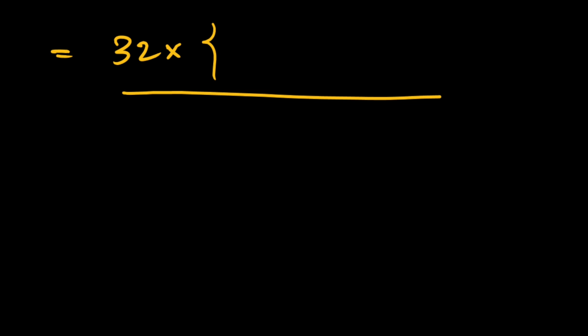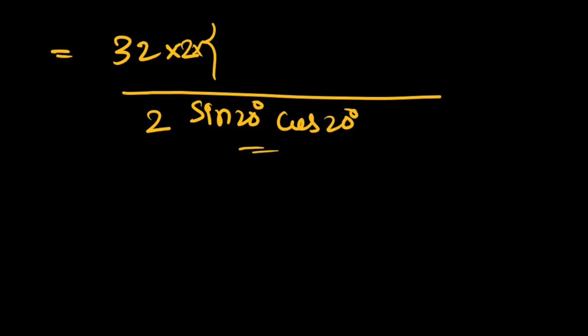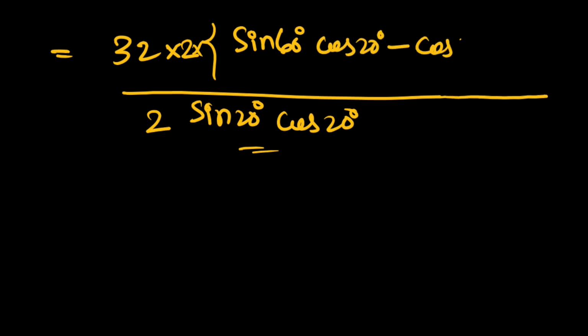Therefore we can write it as 32 times, since we multiplied by 2, so sine 20 cos 20, because we convert this term to sine 2 theta, that is sine 40. Here root 3 by 2 is the value of sine 60, so sine 60 cos 20 minus cos 60 sine 20, because we apply the formula of sine of a minus b here.